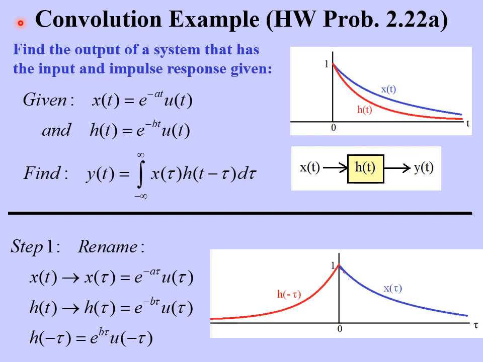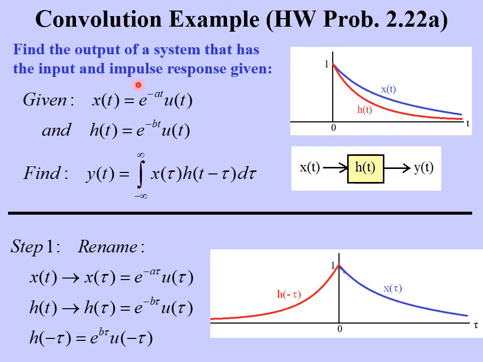This is one of the necessary evils of signals and systems: we have to learn how to do convolution, although, as I'll talk about at the end of this video, we're going to find some shortcuts to get around this problem later in the course. But for now, we have to live with this evil concept of convolution. So let's do some examples.